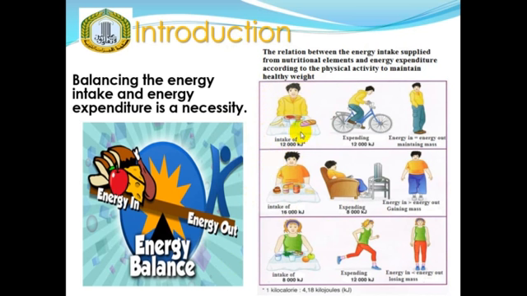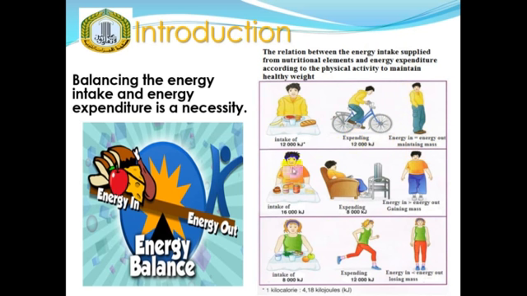Kilojoules is the unit used to measure the energy, and he does physical activity and expends energy which is 12,000 kilojoules also. If you compare the intake of energy to that expended by the body of the same individual, you find out that the energy in is equal to the energy out. Thus, his body will maintain a healthy mass.